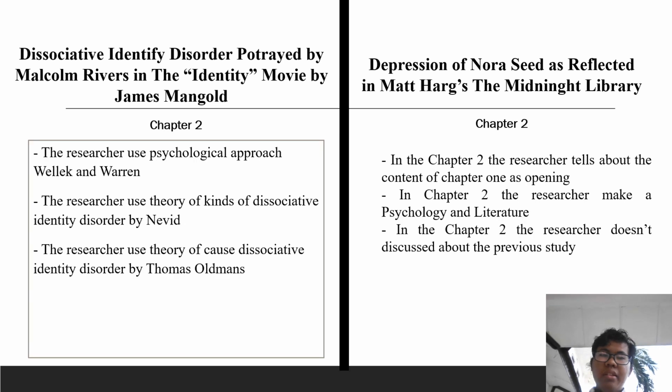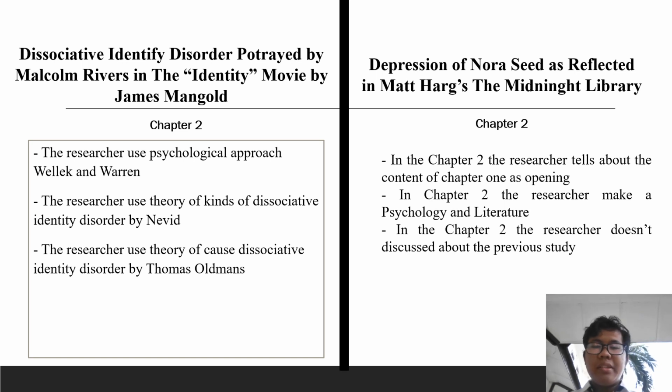Okay, next is chapter two. In chapter two of thesis one, the researcher uses a psychological approach. Then the researcher used a theory of the kinds of dissociative identity disorder by Nevitt. Then the researcher used a theory of the causes of dissociative identity disorder by Thomas Altman.